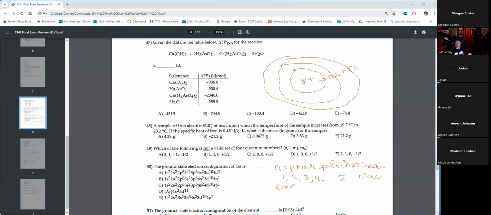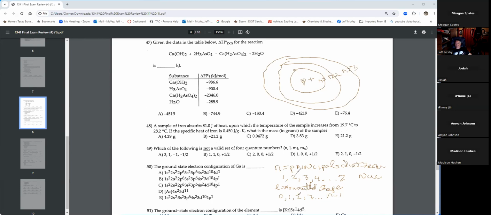Azimuthal is the one I usually use, but regardless of the name, it gives us the shape of the orbital, okay? And the rules for the numbers are 0, 1, 2, 3, up to a maximum of n minus 1.